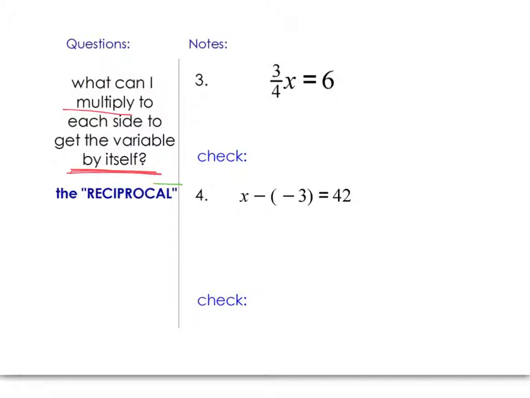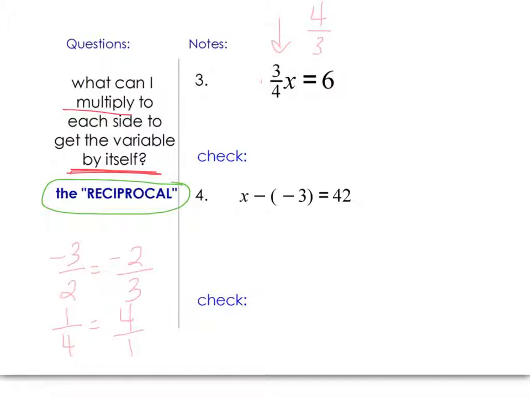We have what's called the reciprocal. Now the reciprocal of negative 3 over 2 would be negative 2 over 3. The reciprocal of 1 over 4 would be 4 over 1. What's the reciprocal of 3 over 4? Isn't it 4 over 3?